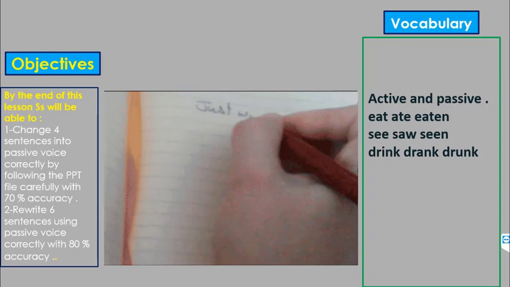The active sentence consists of monkeys, the subject of the sentence, plus adore, the verb, plus bananas, the object.